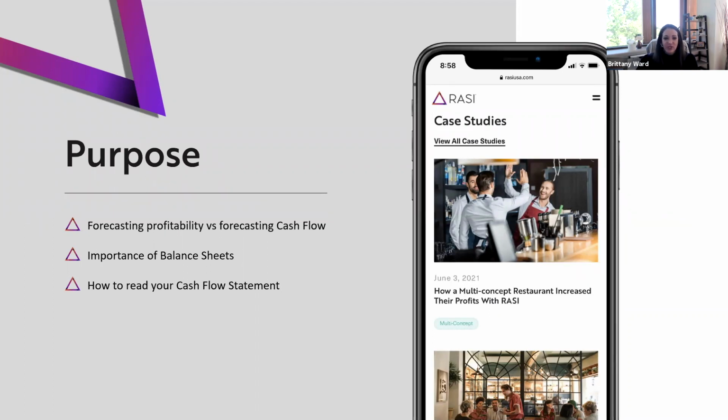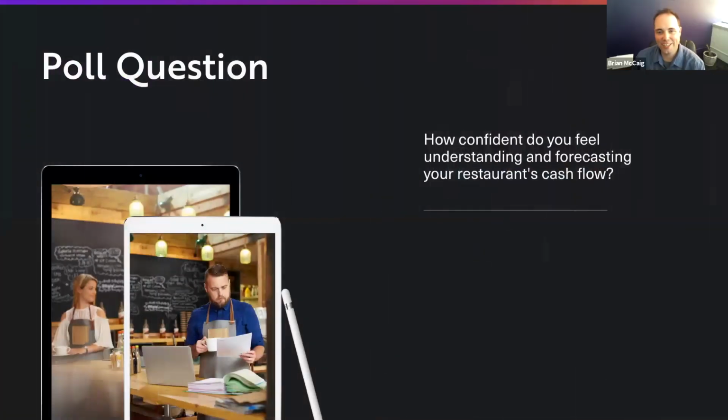That's a perfect segue into one of our favorite parts of these, which is the first poll question. It's one of my favorite parts because it's a way for everyone to interact in this meeting today. I'll ask poll questions, they'll pop up on your screen, you'll have a chance to answer them, and then I'll share the results and we can talk about those a little bit. There's also the Q&A section of the webinar.